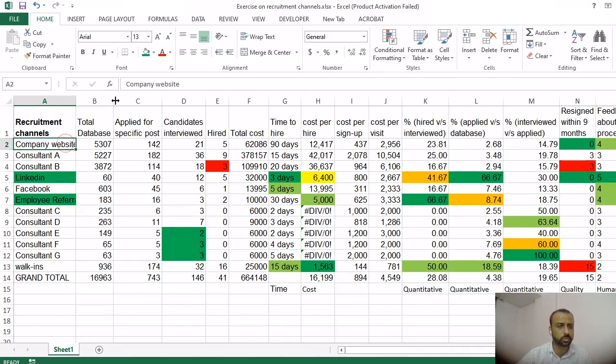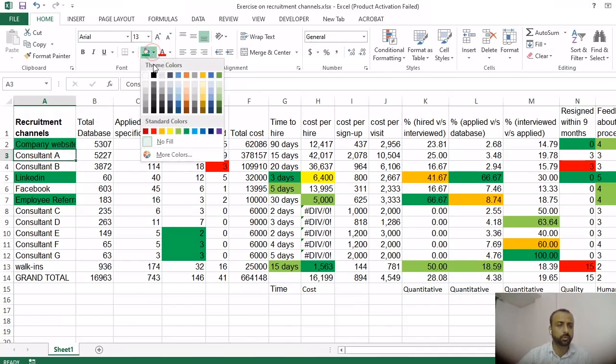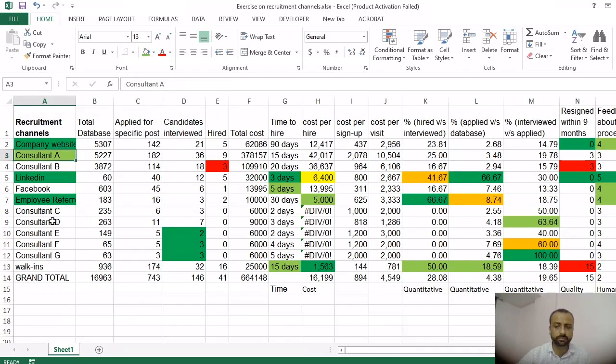My own website should be the third preference. And then out of the consultants, I may look for consultant A and then possibly consultant G. Correct. These are the 5 things that I should look for, and this is my answer.